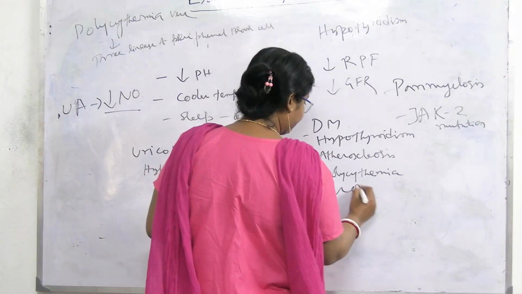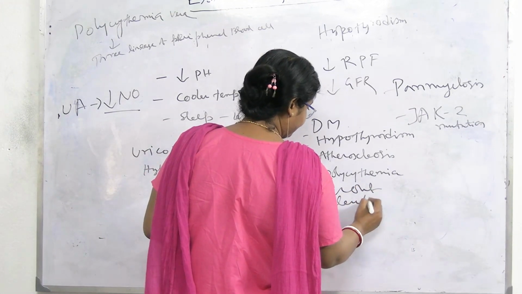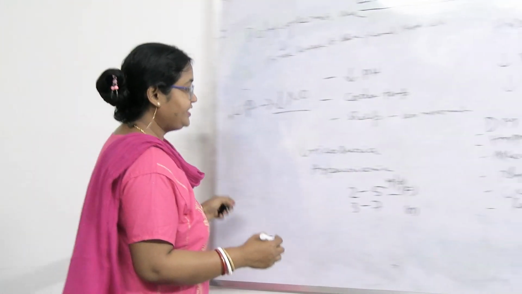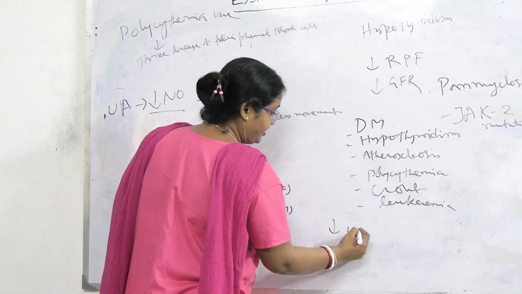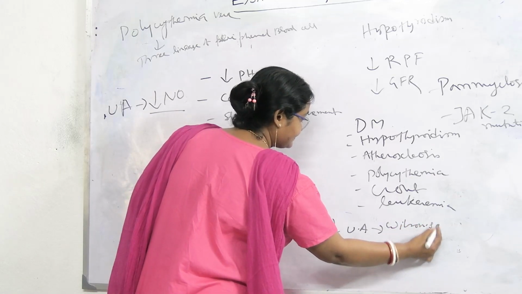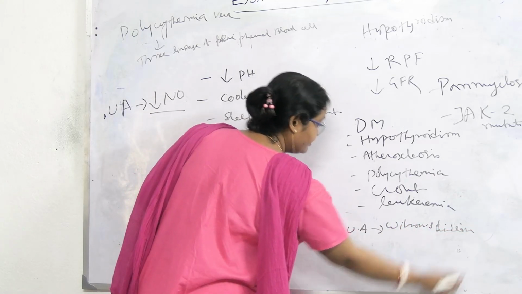Renal insufficiency is also one of the causes, and gout, leukemia. This is hyperuricemia, and decreased uric acid is in Wilson's disease. Copper toxicity causes tubular damage, so it is not absorbed and is extruded from the body.